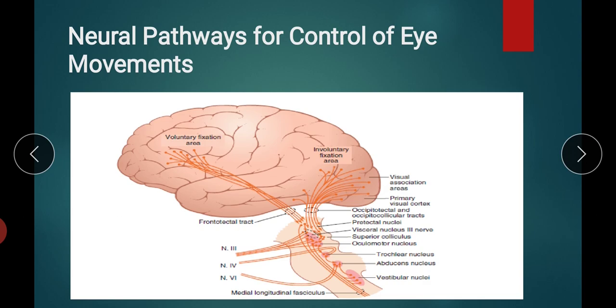From this area the fibers come to the pretectal nucleus and superior colliculus.